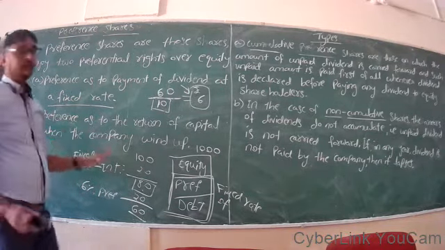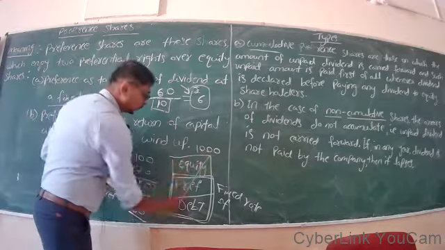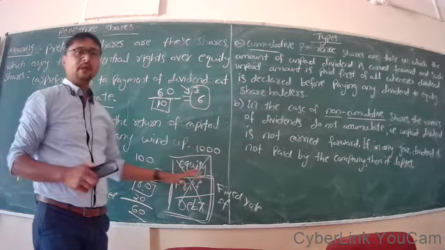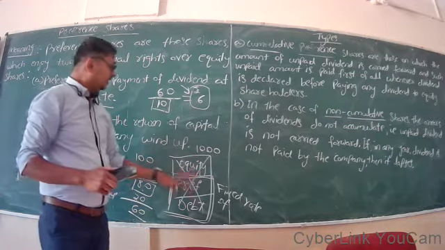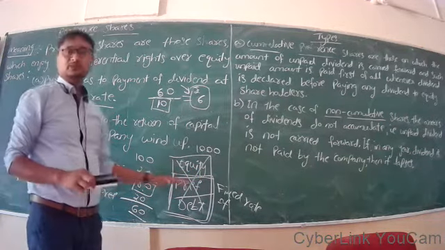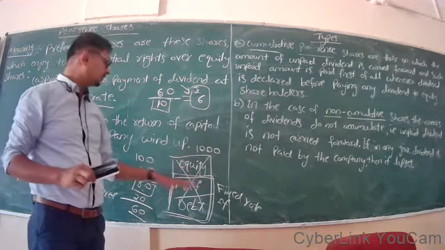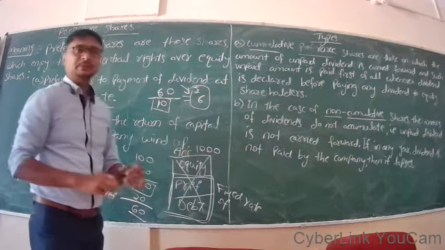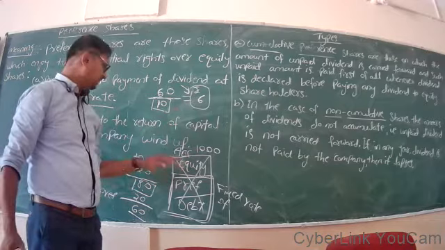What happens if the company closes its business, that is, shuts its door? Suppose I am a preference investor and I subscribe to ABC company's preference shares.